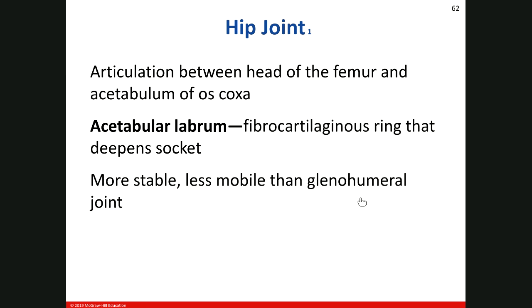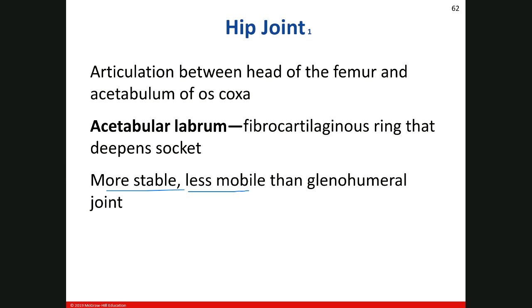Except in this scenario, we're not going to have as much movement as the glenohumeral joint, because our ball and socket joint is a little bit deeper here, but the joint capsule is much stronger. Because it's much stronger, it's more stable, so we're going to have less mobility in that region compared to the glenohumeral joint.